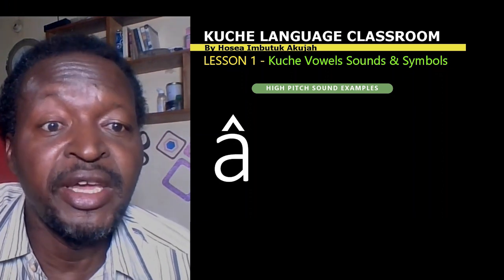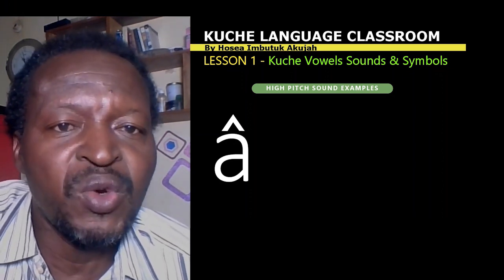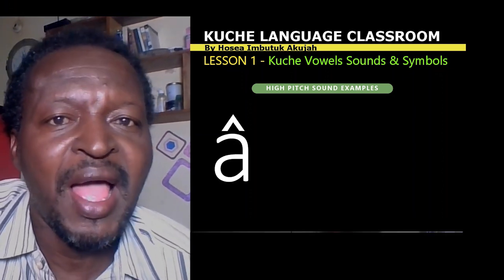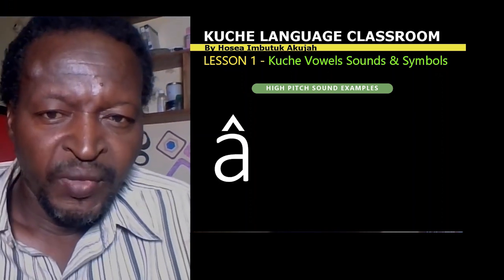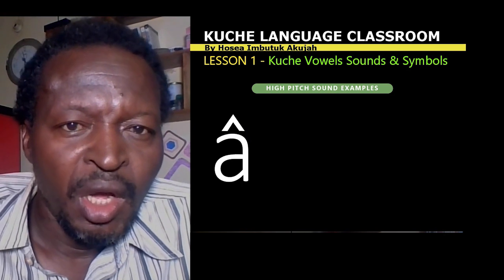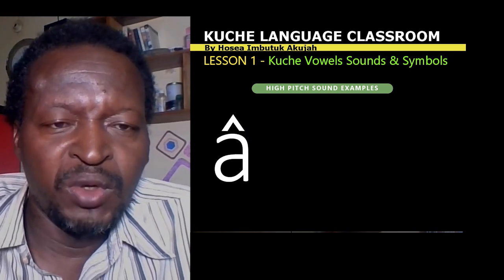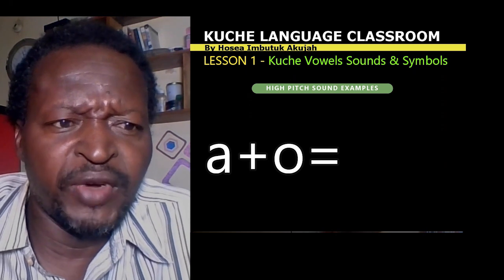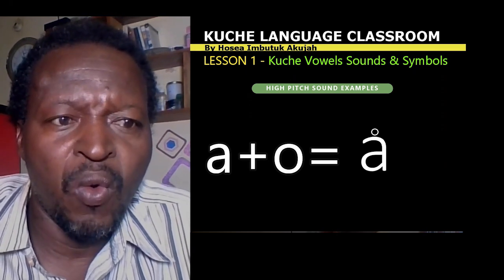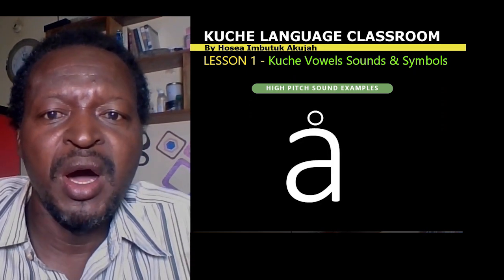Now this vowel is A, and A is pronounced in Yoruba land as A. Strictly A. And even if we are going to have any variation, it's like a combination of an A and an O.